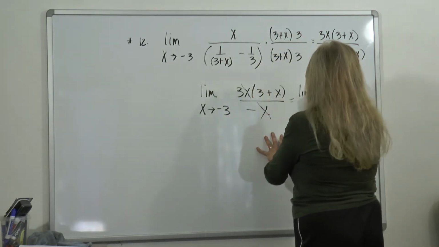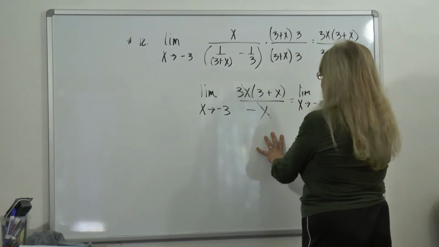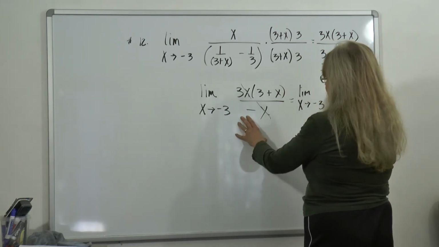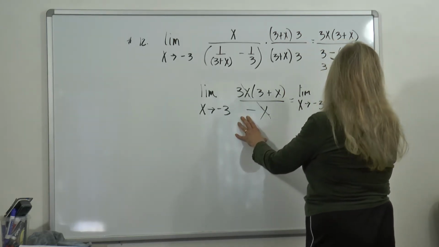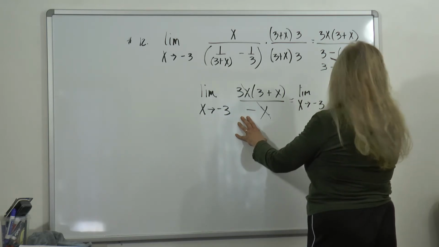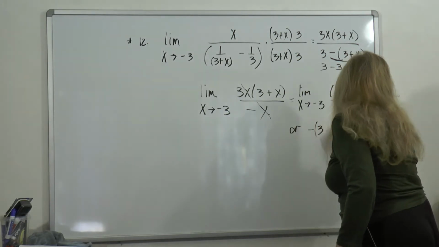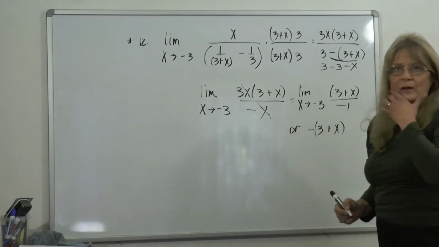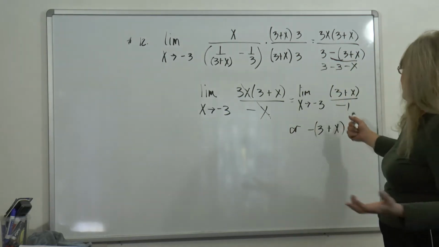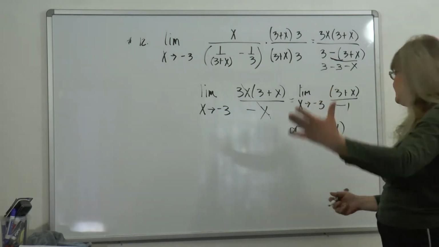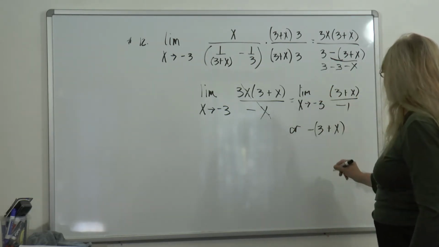Okay, so we have the limit as x goes to negative 3 of, if you want to, you can write it like this, 3 plus x over negative 1. Or you could write it as just negative 3 plus x. Because it's a 1, you don't need to have a fraction. Just make sure the minus sign gets applied to both terms in the top.